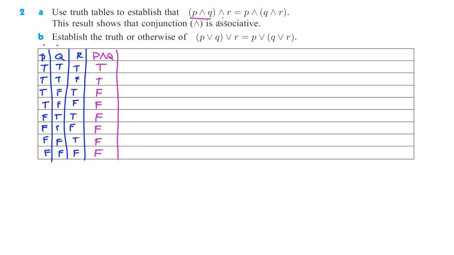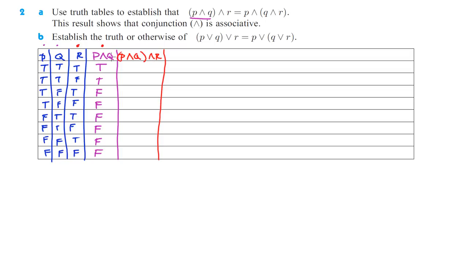And let's see. So we can actually now do (P and Q) and R as the next one here. So we can do P and Q in parentheses and R. Okay, so we want to do that one. So that's going to be these two, and since it's and, they have to both be true.